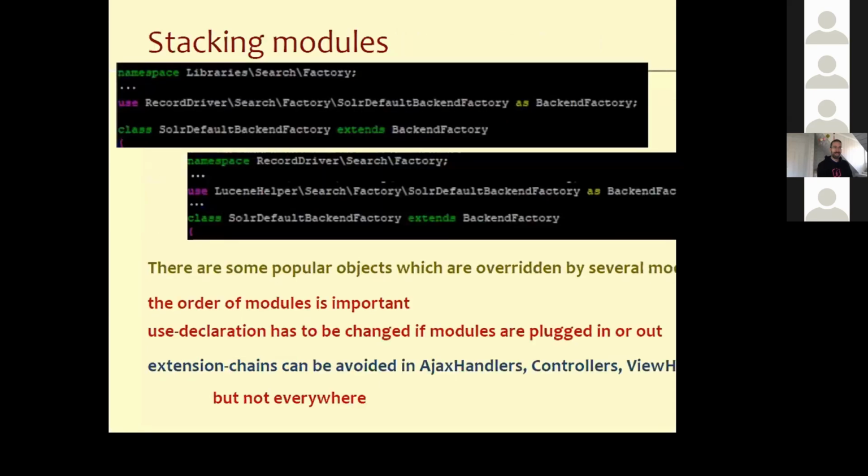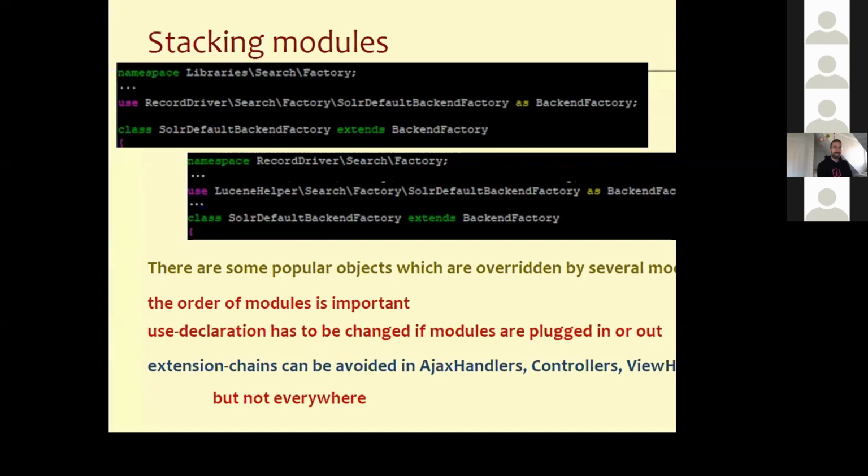In most cases, modules have objects which are not dependent on each other, which are different, and so you don't run into problems with those. But there are some popular objects within VuFind, like the backend, which is used by several modules.